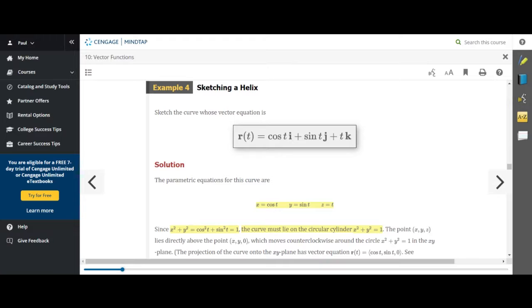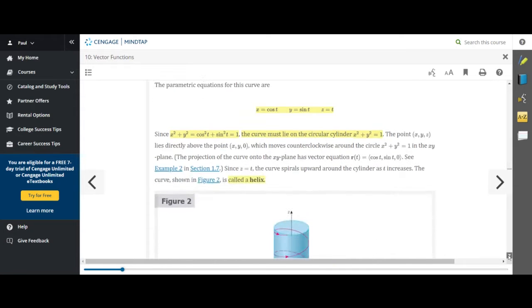All right. Now, the only thing we haven't talked about is z. z equals t. As t changes, that's going to cause this space curve to move up and down. So the x and y component functions cause the circular behavior, and the z component causes the vertical behavior.